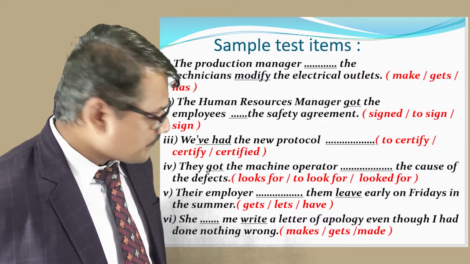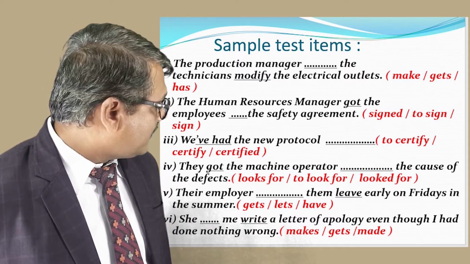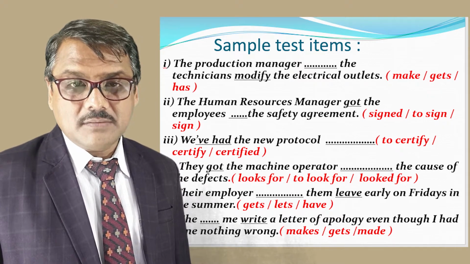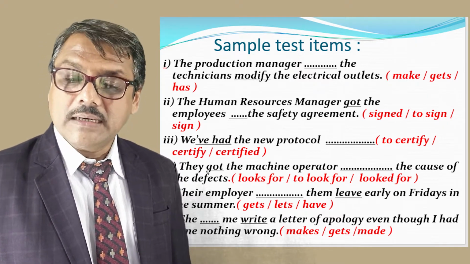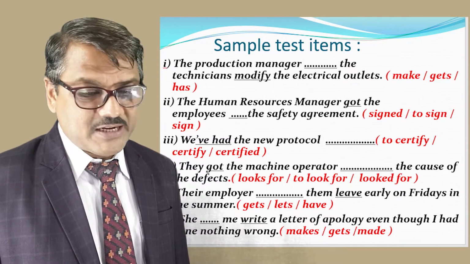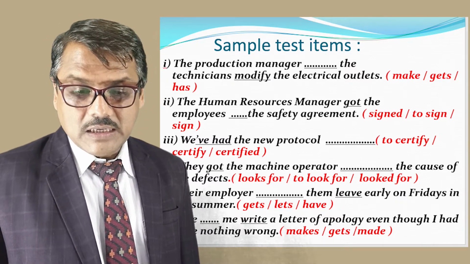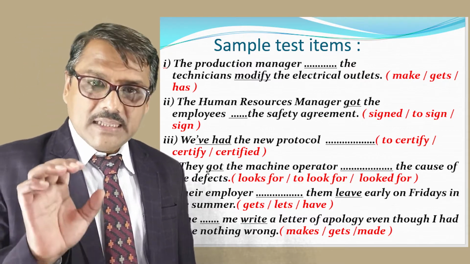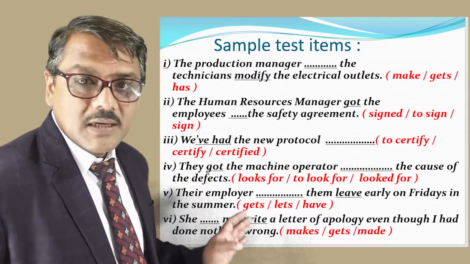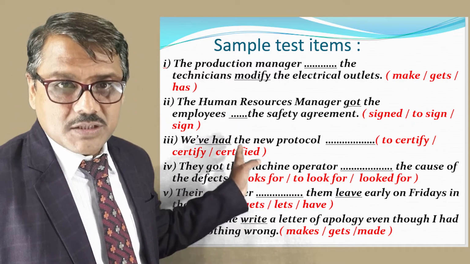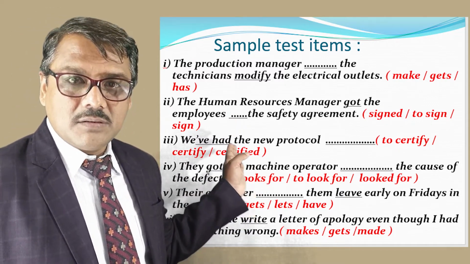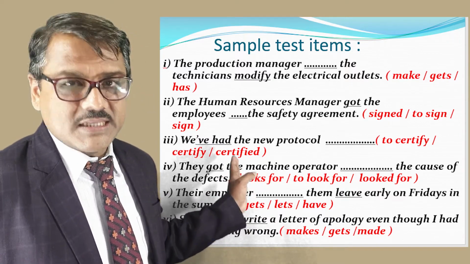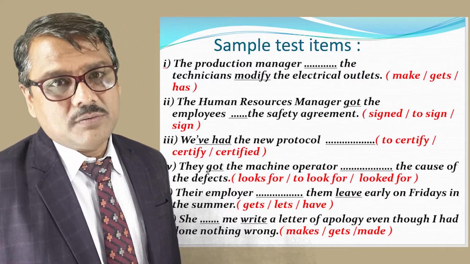Similarly, number four, they get the machine operator, the cause of defects, look for, to look for, and looked for. These are the options, and in the examination, you will be asked questions in this way. This is the way of asking or designing the test items. Okay, so let's move on.